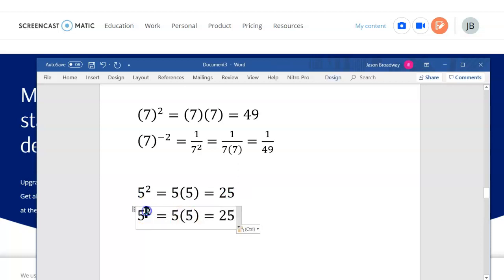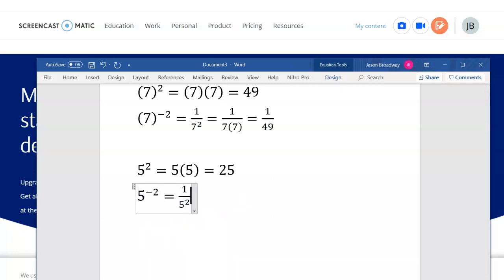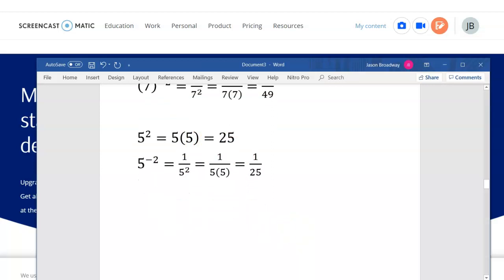If I raise 5 to the power of negative 2, I'm going to run out of time. 5 to the negative 2 power is 1 over 5 to the positive 2 power. So it's 1 over 5 times 5, which is 1 over 25. That's how you do negative powers.